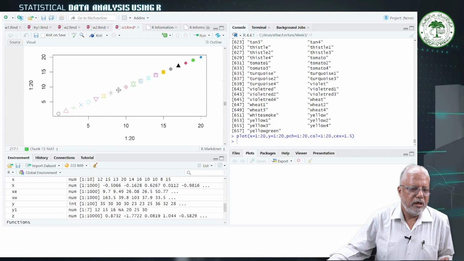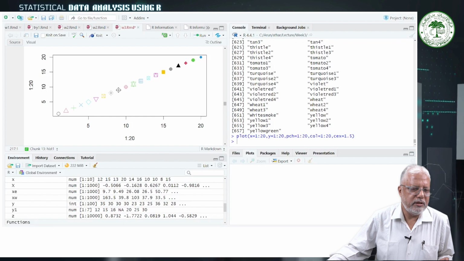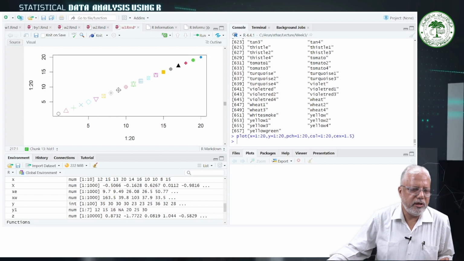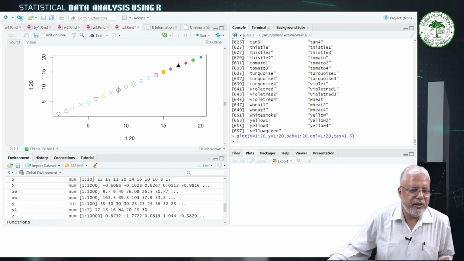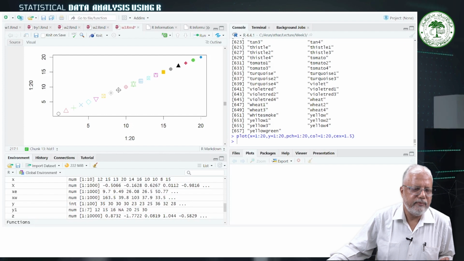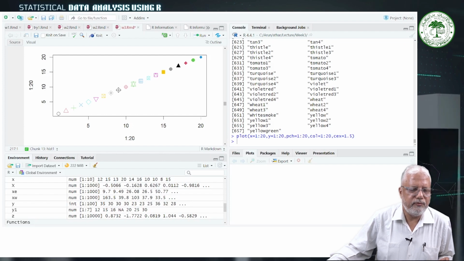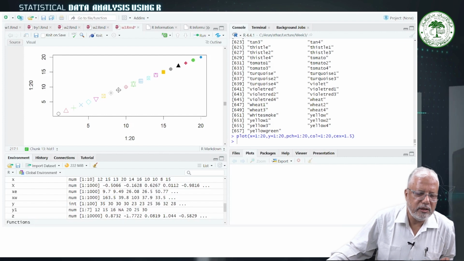Here plotting character number one is an open circle. The second plotting character is a triangle. The third is a plus. The fourth is a multiplication sign. Then this hexagon, then this different sign, and all these are there.